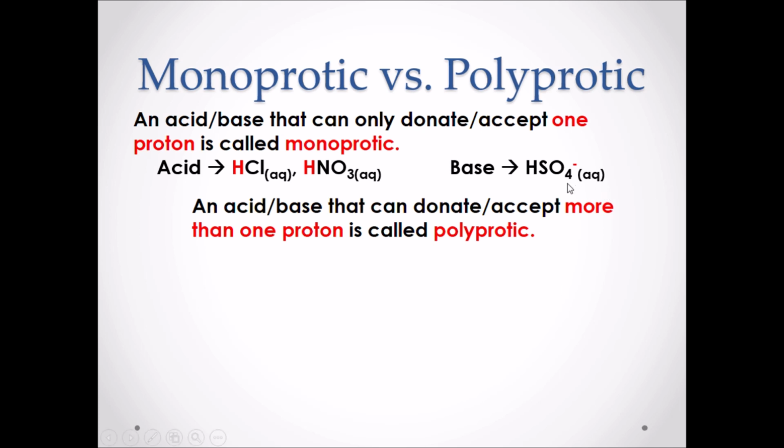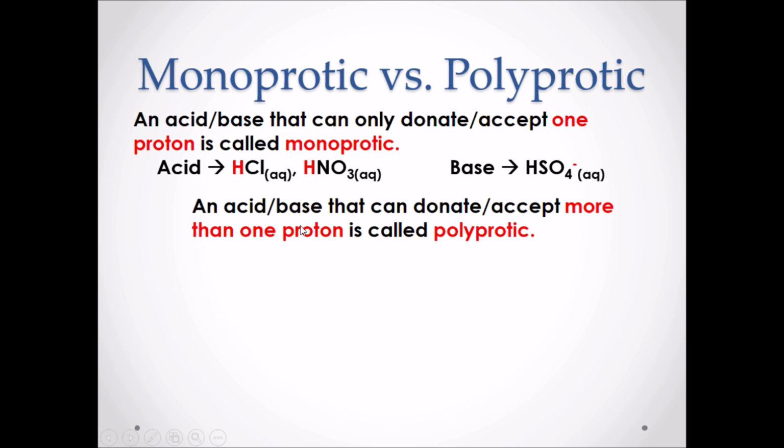If a base only has a charge of -1, it can only gain one hydrogen, making it monoprotic. There are a few bases that don't have a negative charge. For example, H2O and NH3, both of those bases can again only gain one hydrogen.